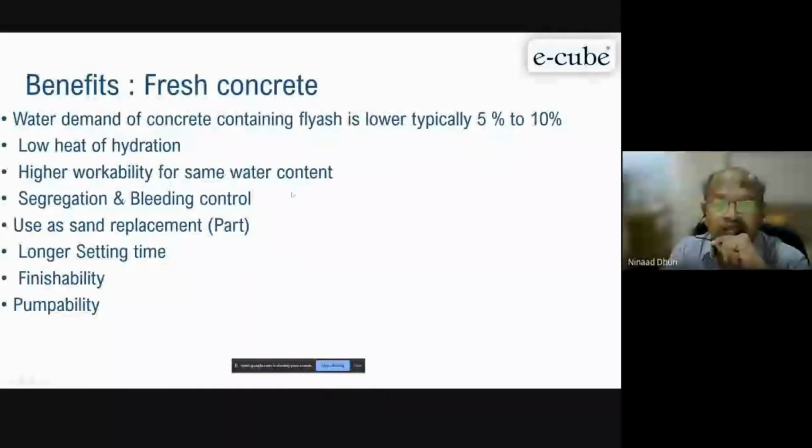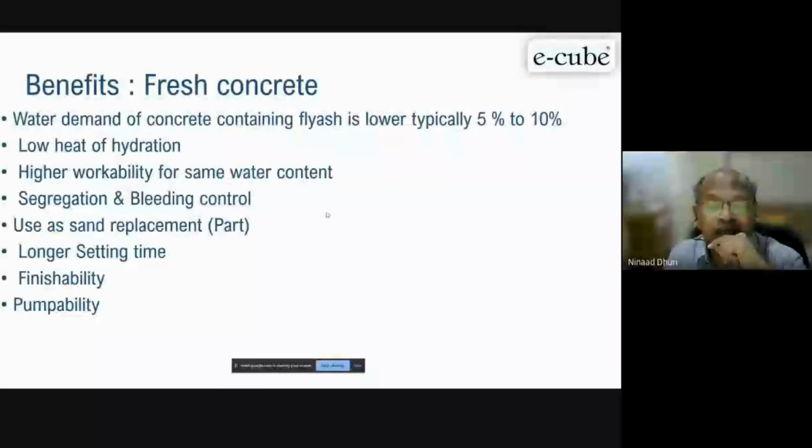Higher workability at the same water content, the same 0.1 and 0.3. We can have very good control over segregation and bleeding because these are very, very fine materials. It gives an excellent cohesive mix. Those who are working with fly ash will understand that when you are using fly ash, you get a very good cohesive mix. It's very easy to pump.